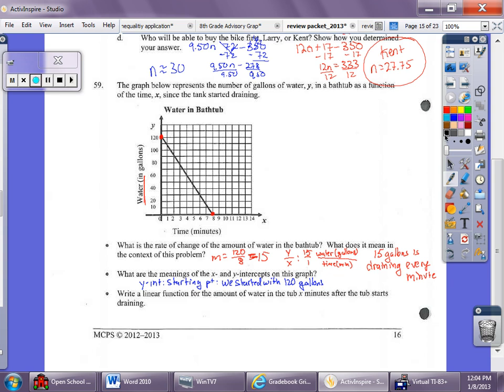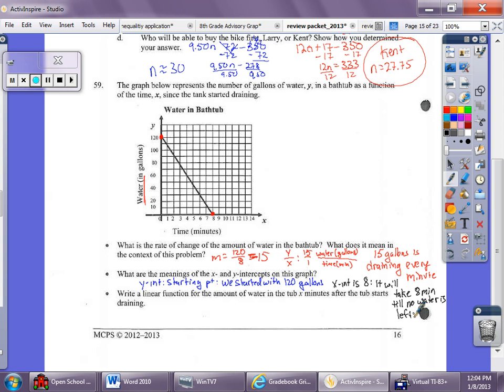And then the x-intercept is 8, and that means it will take 8 minutes till there's no water left in the tub.